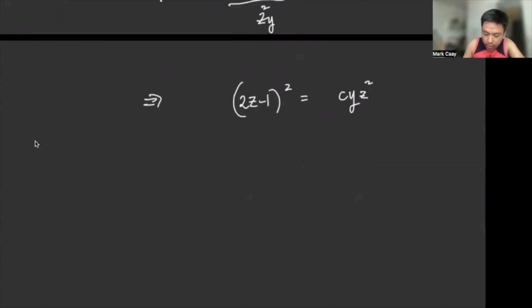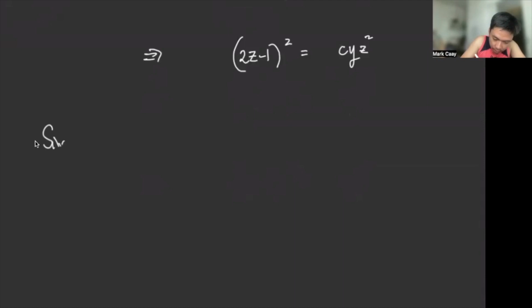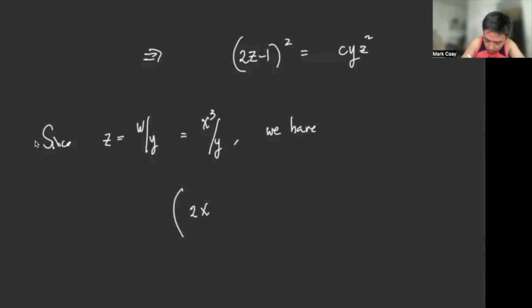So, this becomes z squared. Since z here, di ba yung z natin is equal to w over y, and our w is x cubed over y, ibabalik natin sa original. So, I have 2z. So, that's 2x cubed over y minus 1, squared, equals c y, that's z squared. So, nagiging x to the 6 over y squared.